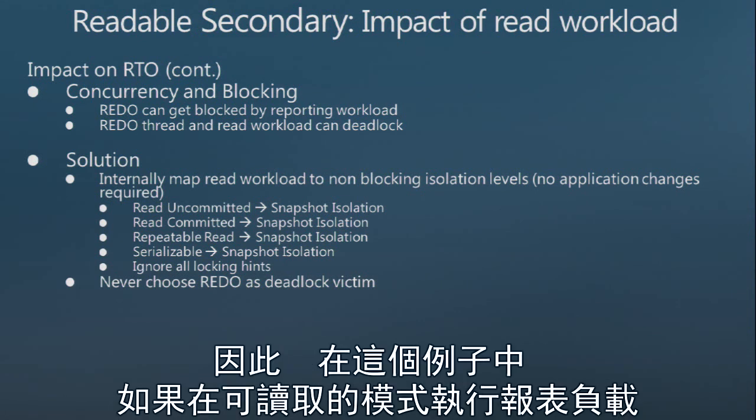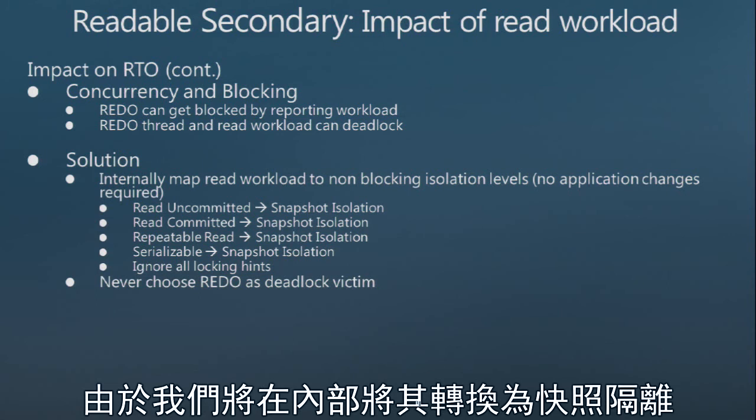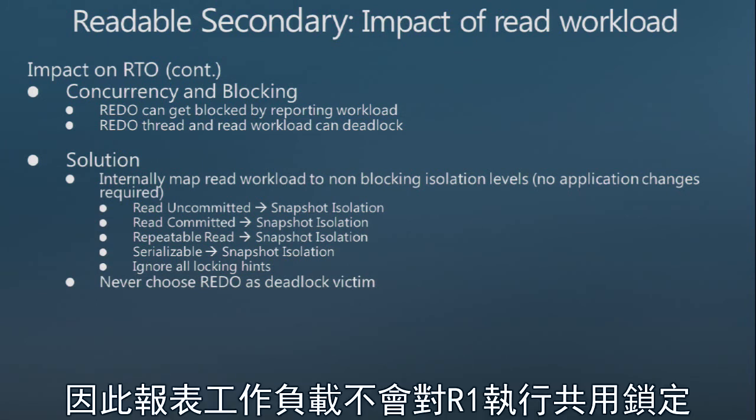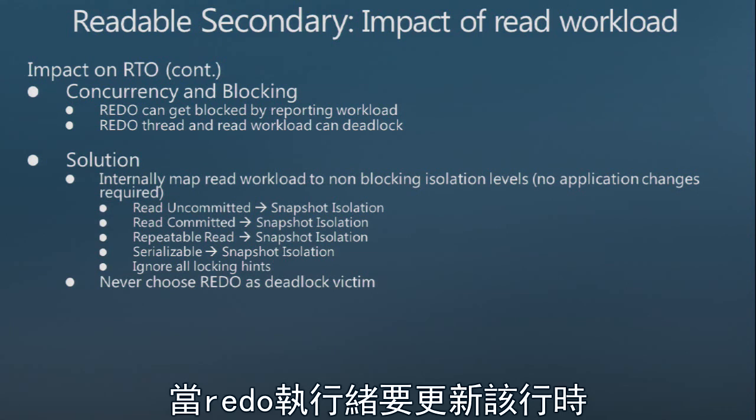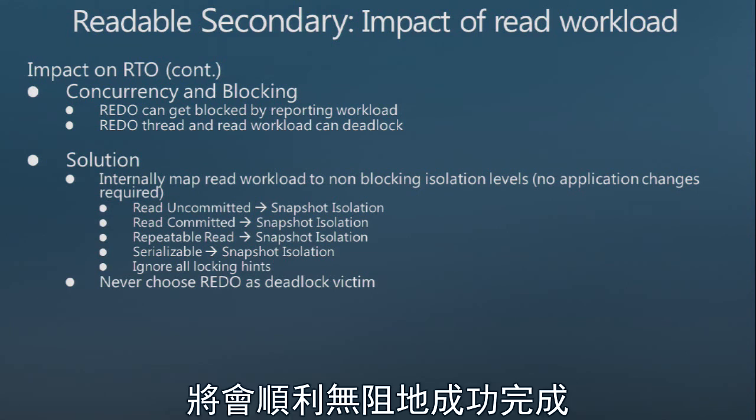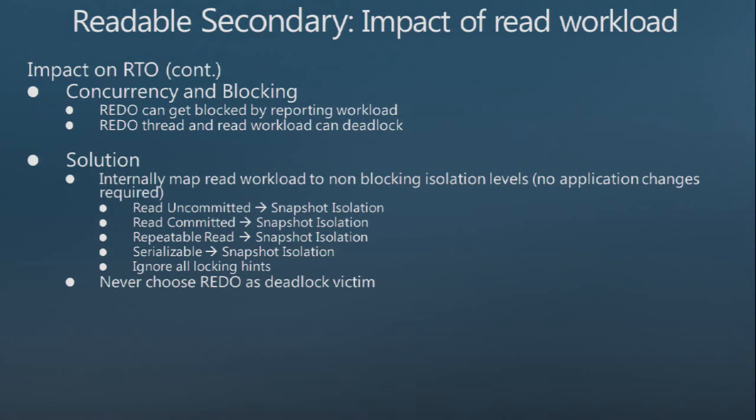So in this example, if I was running my reporting workload under repeatable read, because internally we converted that to snapshot isolation, the reporting workload is not going to take a share lock on row R1. So when the redo thread wants to update that row, it will succeed without any blocking. So this is a good thing.